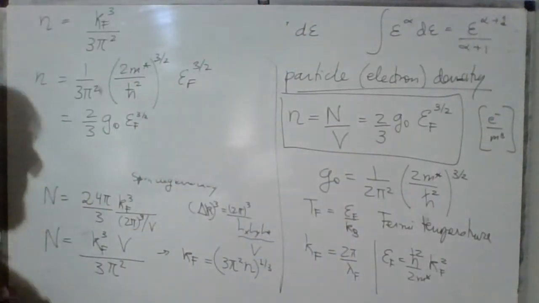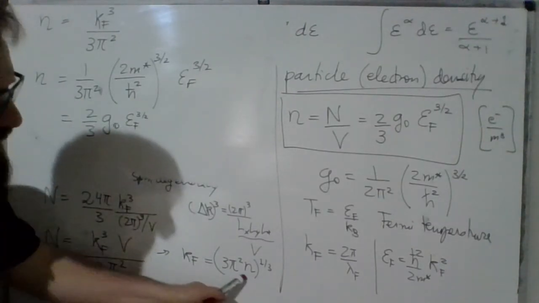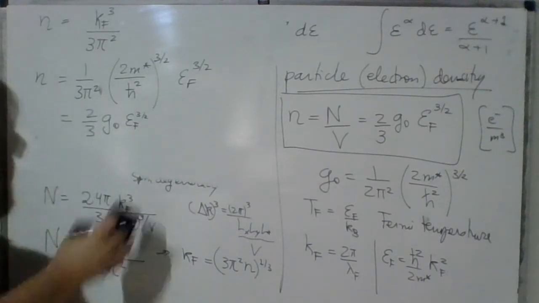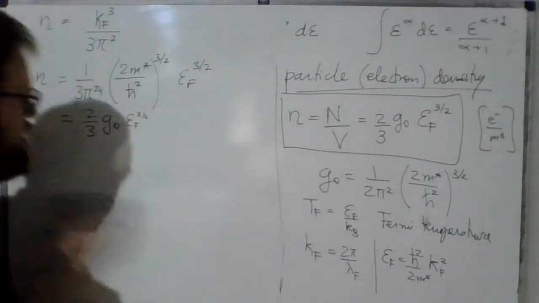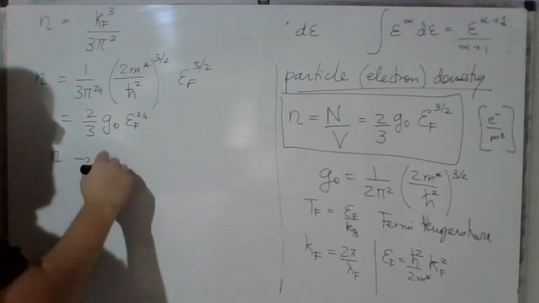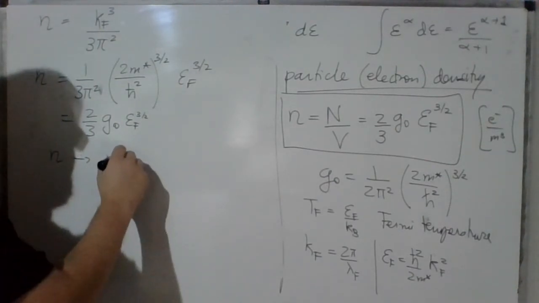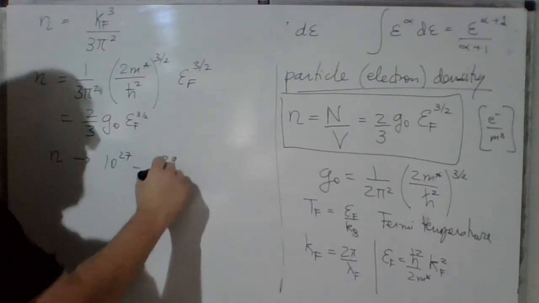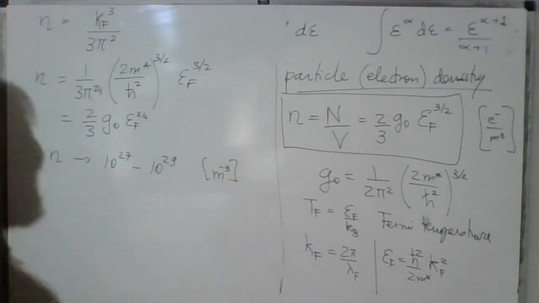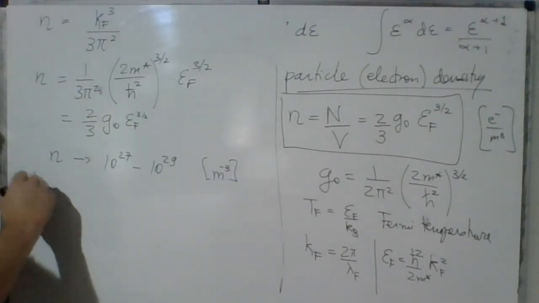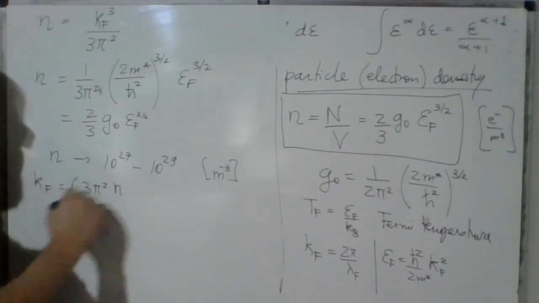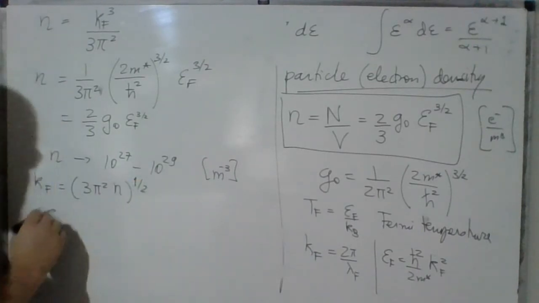You can calculate the Fermi level considering the density of the Fermi gas. If you plug in some values for densities around 10 to the 27 to 10 to the 29 particles per cubic meter, you can calculate the Fermi wave number, and you can calculate the Fermi level.